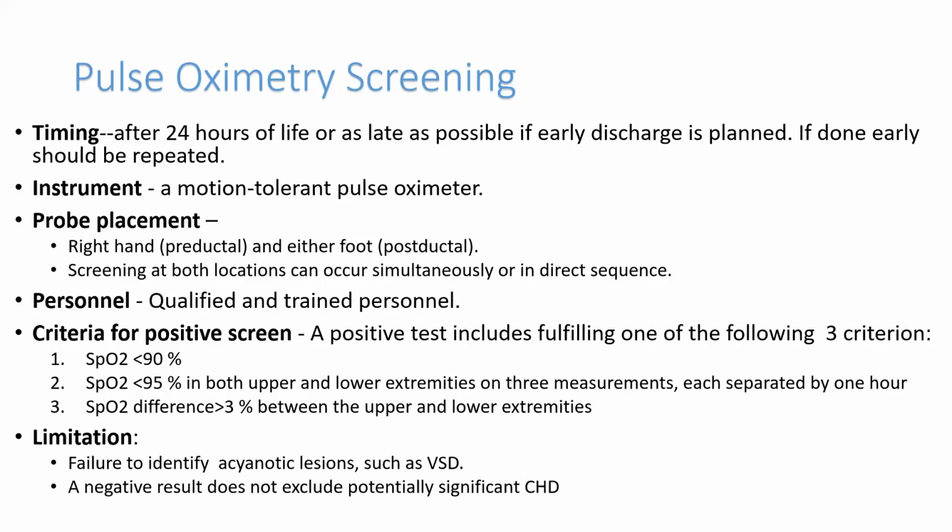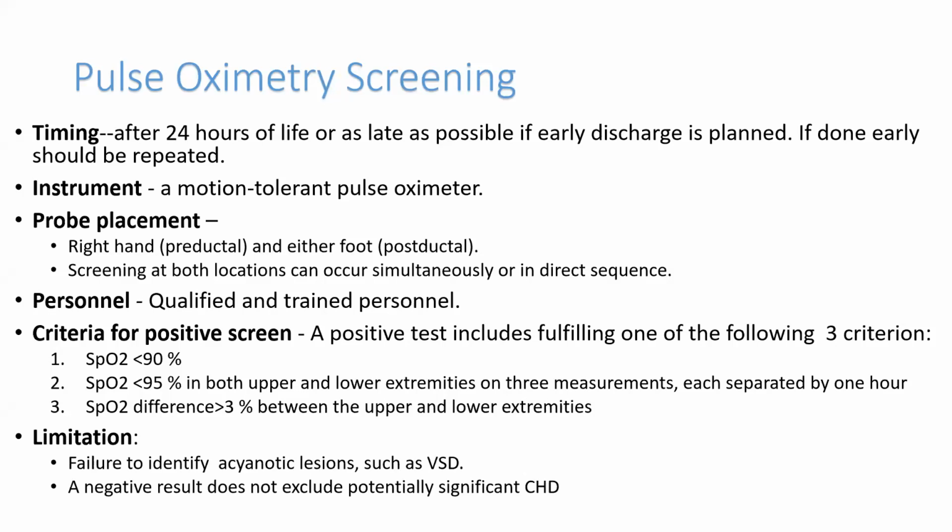So when is it positive? If at any time you fulfill one of these criteria: if you find the saturation is less than 90% in either preductal or postductal, then that is one who has failed the oximetry screening test. If the saturation is less than 95% after 3 measurements 1 hour apart, then that is one who has failed the screen.